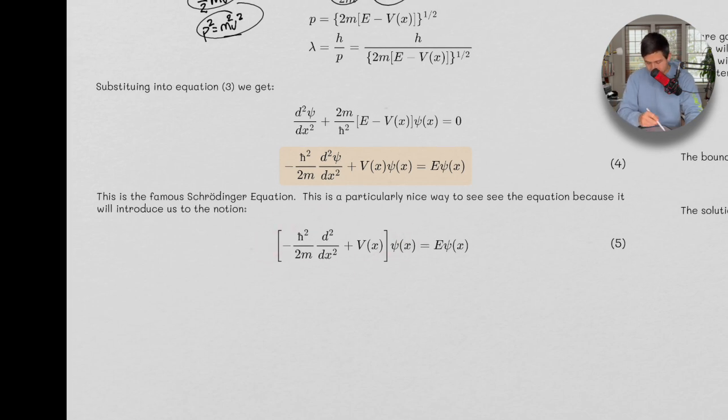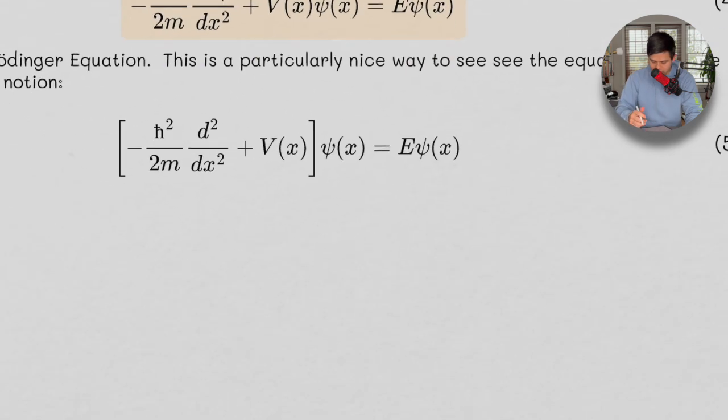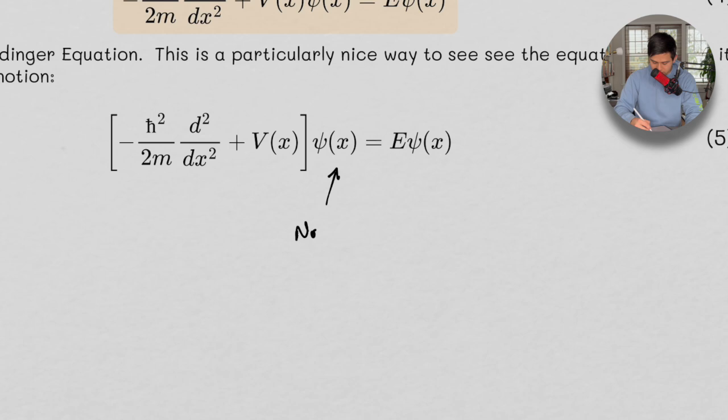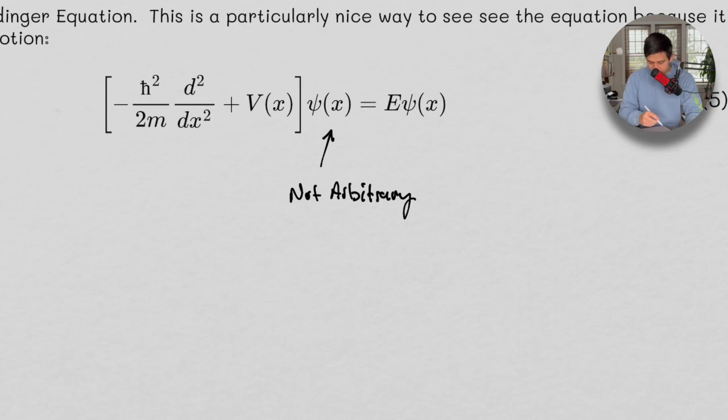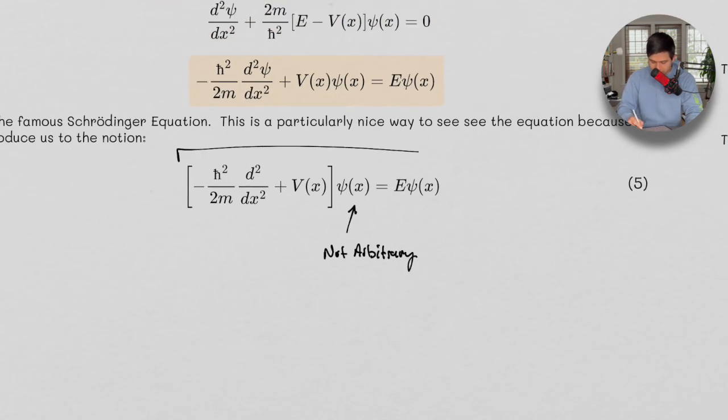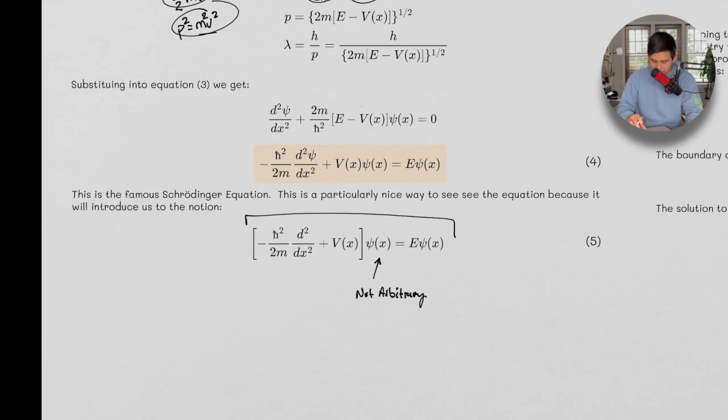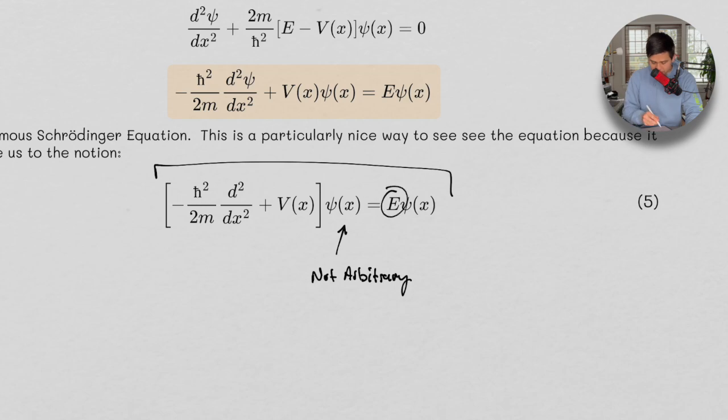So this thing is not an arbitrary function, right? It can't be arbitrary by virtue of this eigenvalue equation. This is an eigenvalue equation, right? Because E is the eigenvalue of this operator right here.